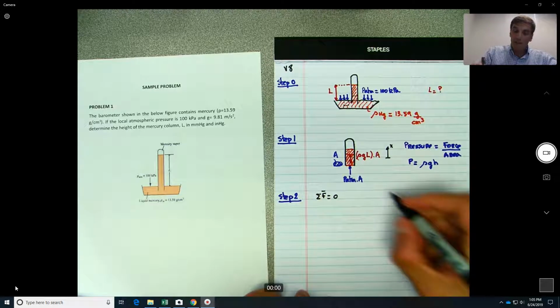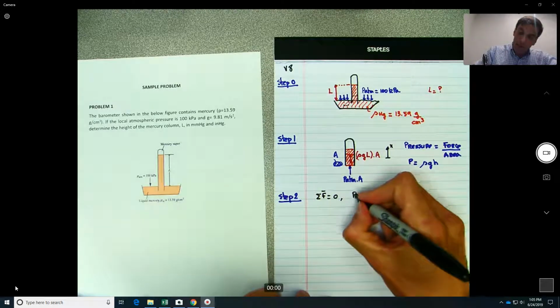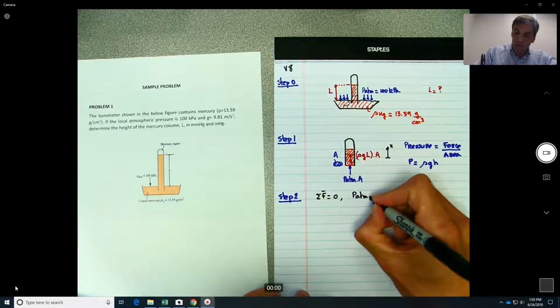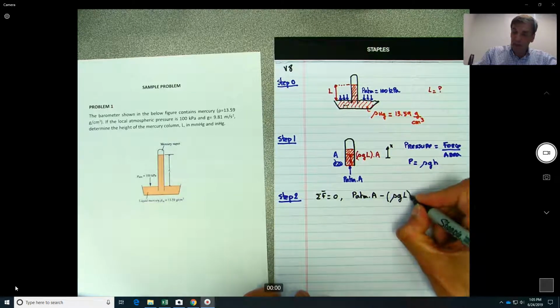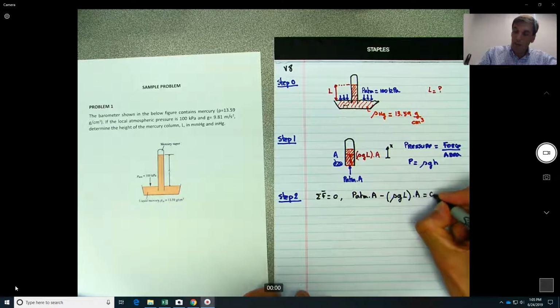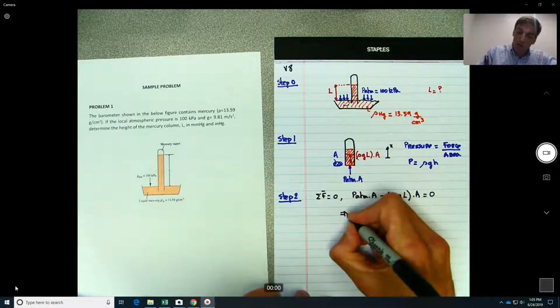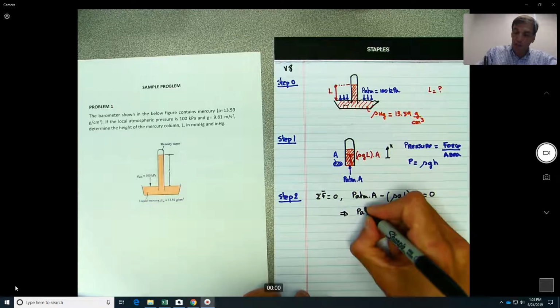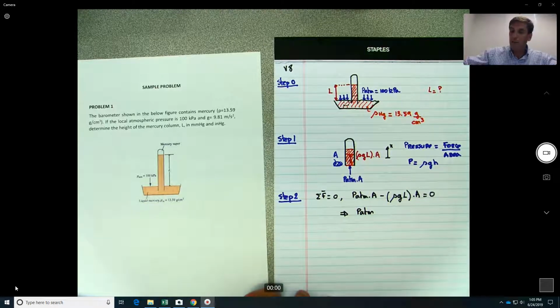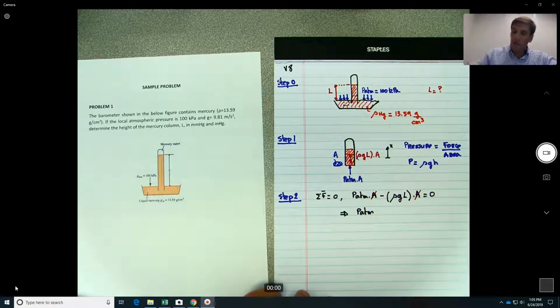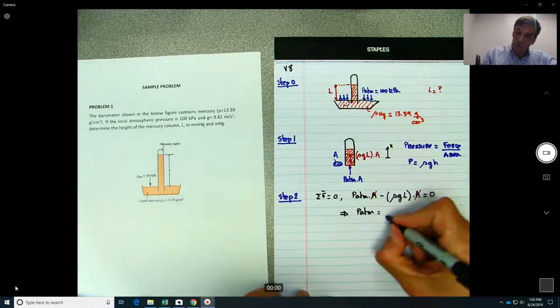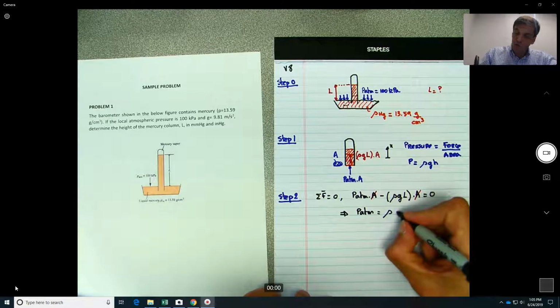This will give us what? P atmosphere times A minus rho gL times A equal to 0, which will give us the equation, after you cancel the area, P atmospheric equal to rho gL.